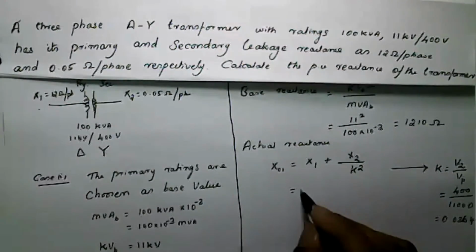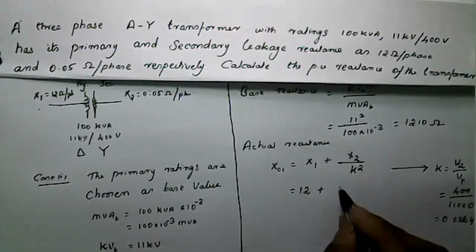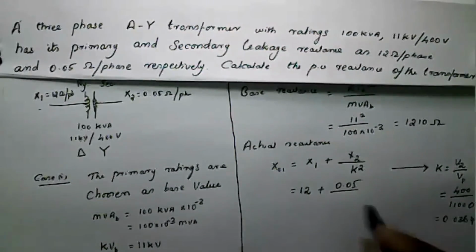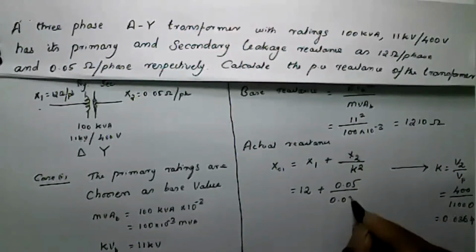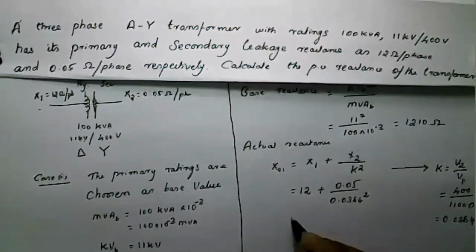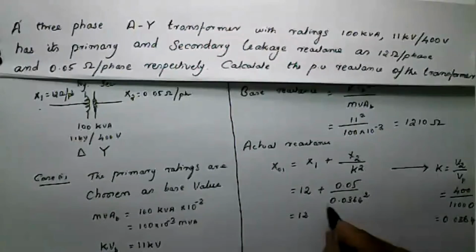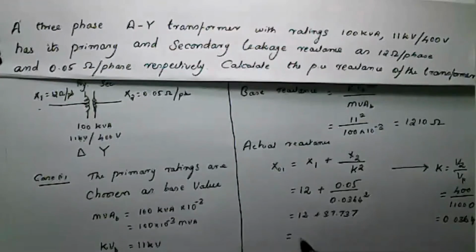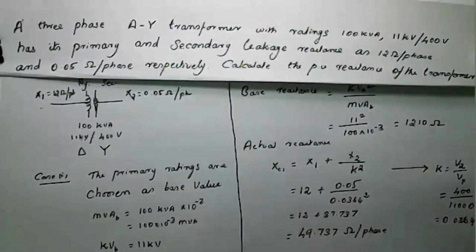Now substitute the values. X1 12 plus X2 0.05 divided by K square, 0.0364 square. That is equal to 12 plus 37.737. That value is equal to 49.737 ohm per phase. Now let's calculate the per unit reactance.